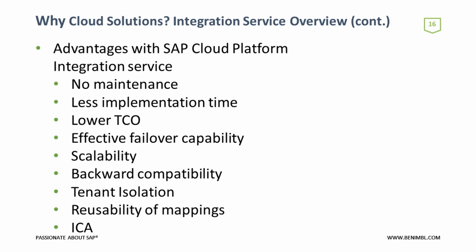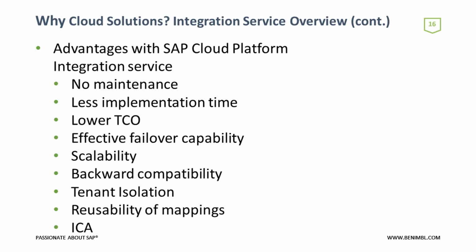One of the best features which I liked is backward compatibility, because we had done a recent project wherein customer was on 7.1.1 and they were due for upgrade, and we moved them completely to the cloud. So the awesomeness of this is there is a backward compatibility, which means we were able to leverage all the objects which were developed in 7.1.1 into SAP Cloud Platform Integration Services.